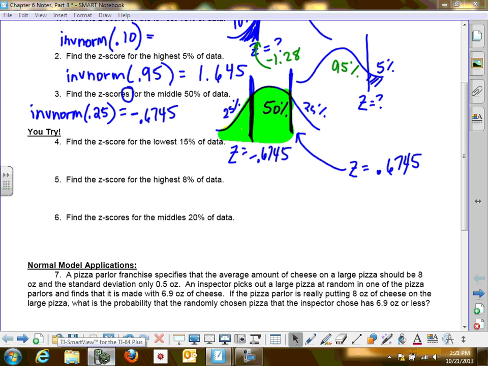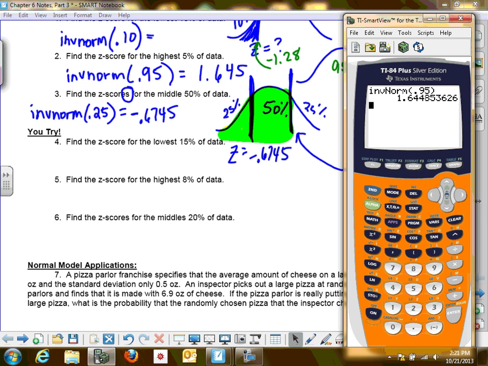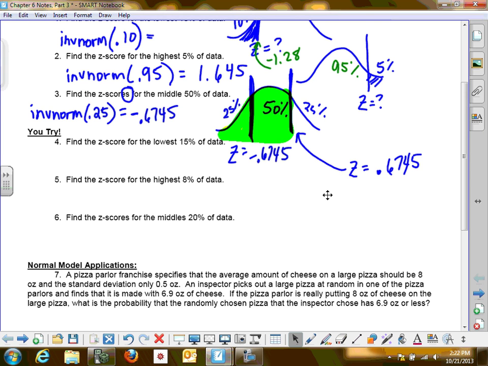So if I do inverse norm of 0.75 in my calculator, then I would get that positive 0.6745, which is what you said that it is.